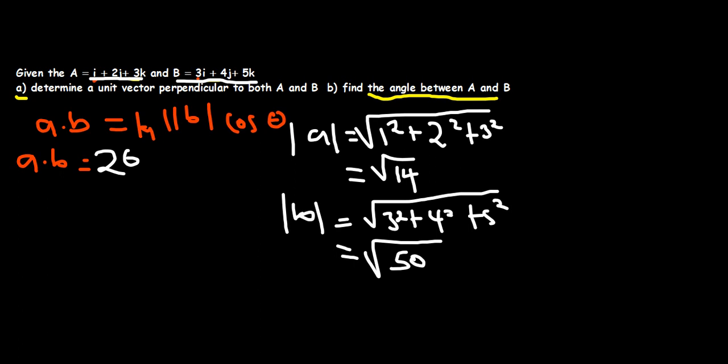So what am I going to do with that information? I'm going to say A dot B is equal to 26 is equal to magnitude of A, the root of 14, multiplied by the root of 50. And then we have cos theta there.